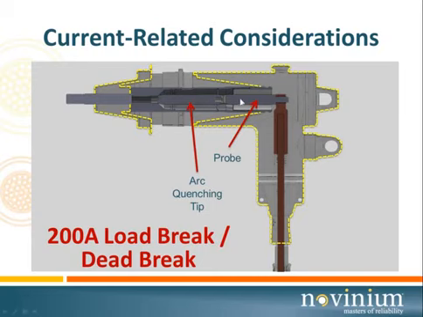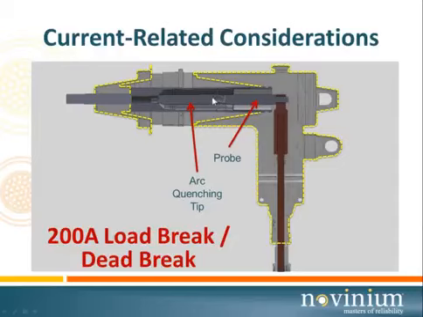As you start to remove it, once the metallic probe breaks the connection with the insert, we're going to develop an arc there. That arc is going to play on the surface of the arc quenching tip, which is right in the area where the arc is.